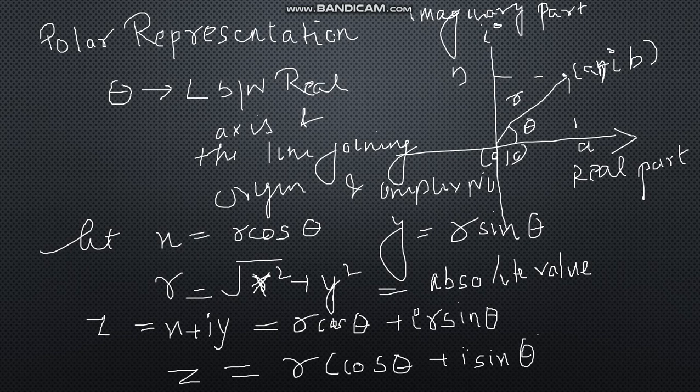Here r (cos theta plus iota sin theta) represents the polar equation of z, and r and theta are known as polar coordinates.